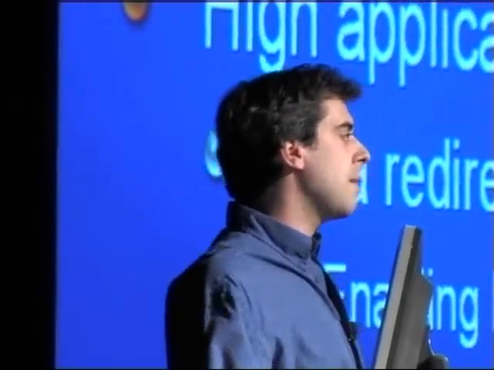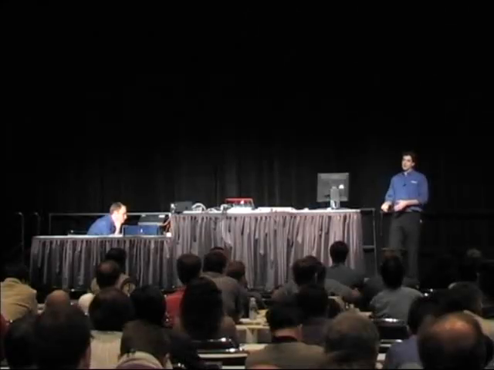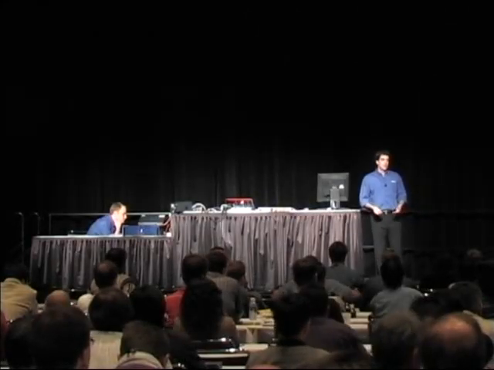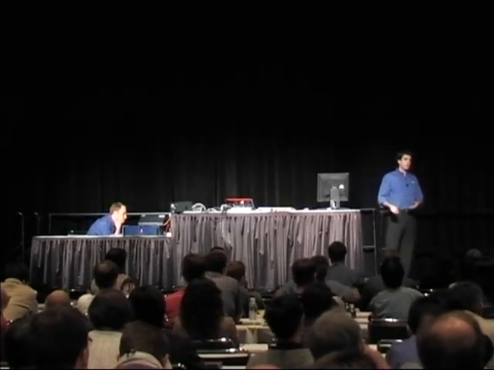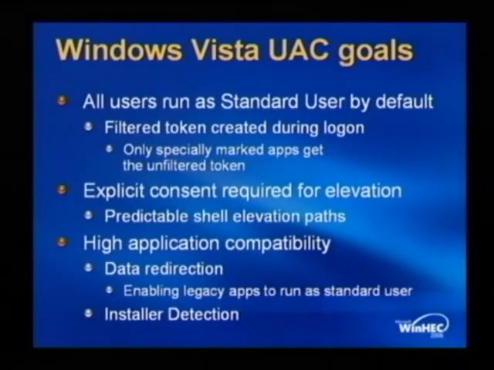If I was running as an admin, on XP, this wouldn't generate an error. Now in Vista, when I'm running as a standard user, that write would fail. So what we've done is we take places on the disk, such as program files, Windows System32, and other directories nested beneath Windows, and we'll redirect those writes to a virtual store in the user's profile.